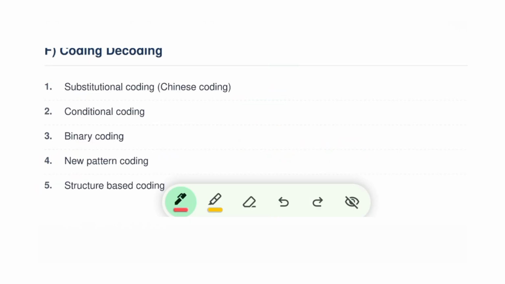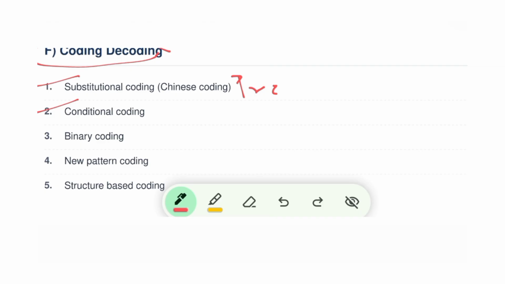Now topic number 6 is coding-decoding. It comes in the prelims as well as the mains exam. The first type is substitutional coding. Sometimes people call it Chinese coding, which is mostly asked in prelims, in a simple format.